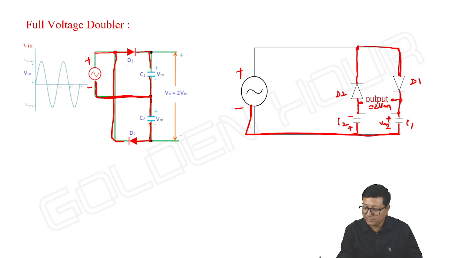If I take this loop also, it is just the voltage between these two terminals, which is 2 Vm. So both the circuits are one and the same. Any one we can take for our understanding purpose. In the exam, to confuse us, they may give the circuit this way or anything is possible.